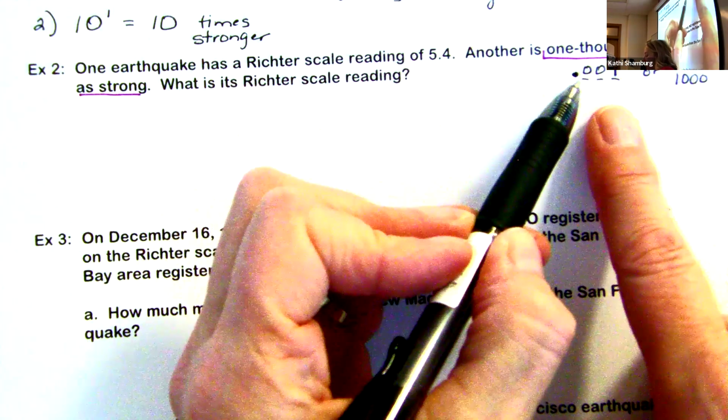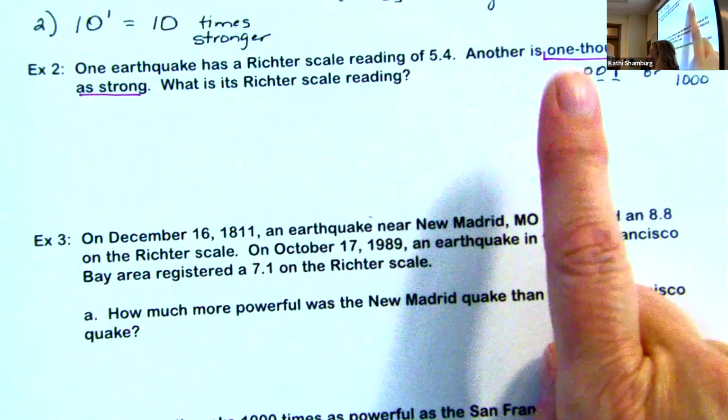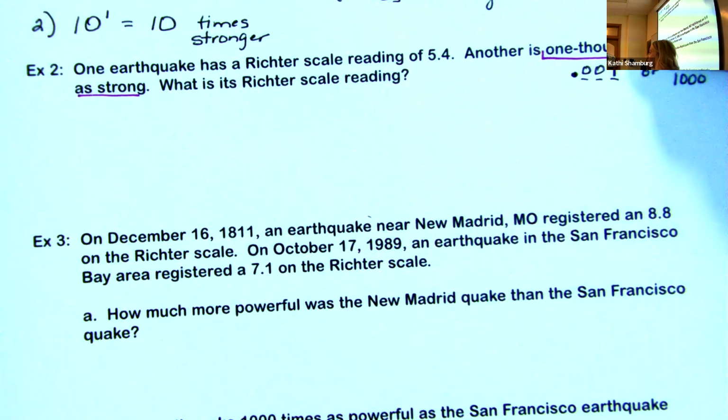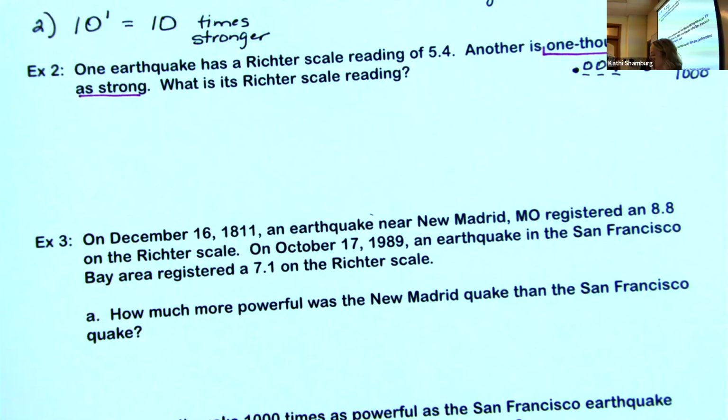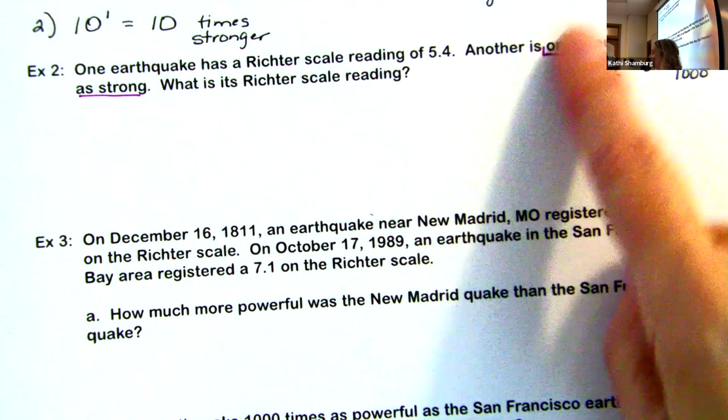If I have a decimal, going the other way, this would be less strong because it's 1/1000. If it was 1,000 times stronger, it would be stronger. But when you have a fraction or a decimal, this one's actually less strong.